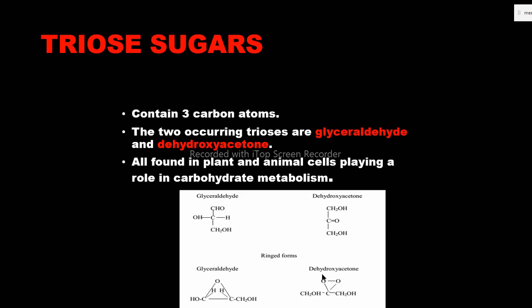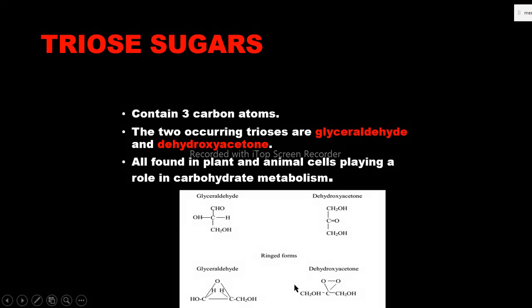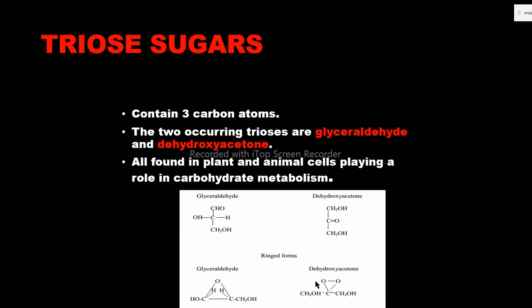Now let's talk about the triose sugars. Triose comes from tri, three. Let me get a yellow pen. Triose sugar is a sugar that is made up of 3 carbon atoms.